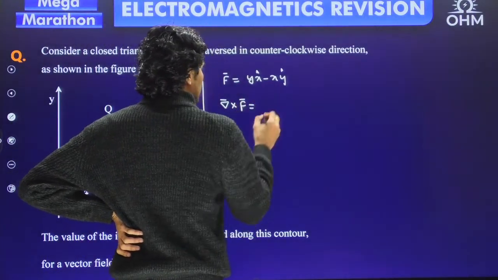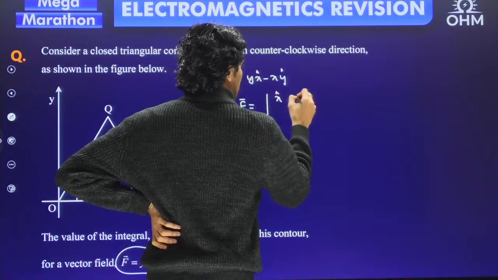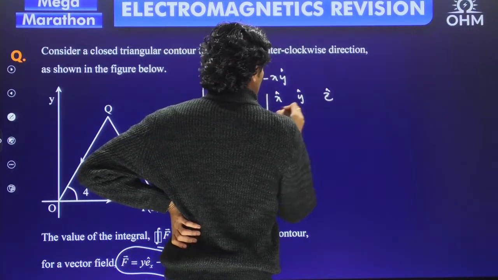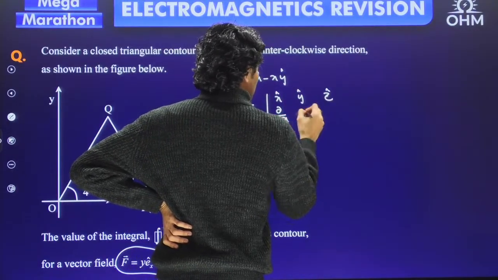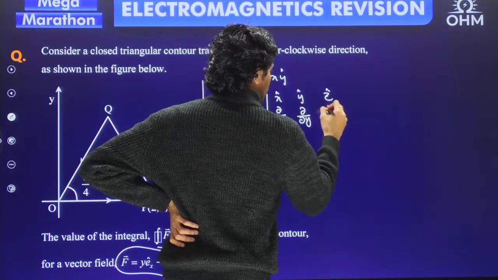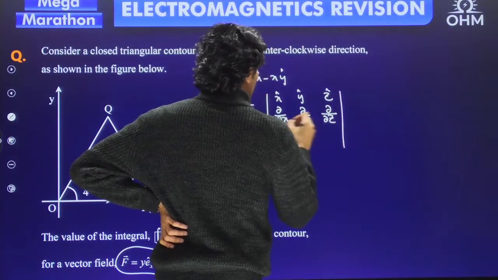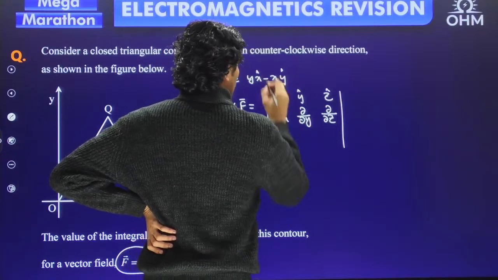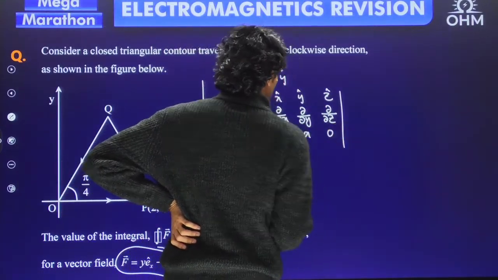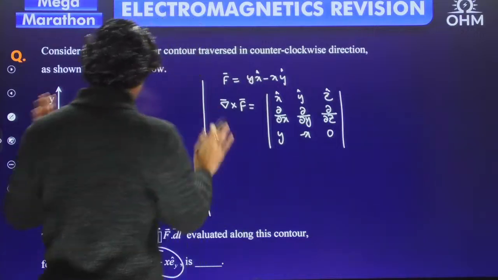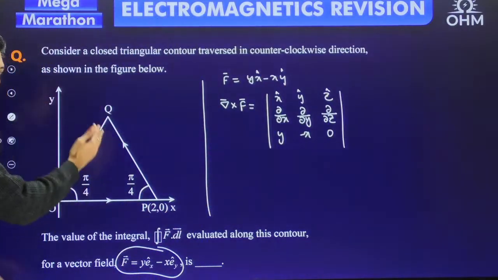I'm calculating that. So we have x cap, y cap, z cap, dou by dou x, dou by dou y, dou by dou z. The x component is y, the y component is minus x, there is no z component. And entirely, if you notice, we are in the xy plane.